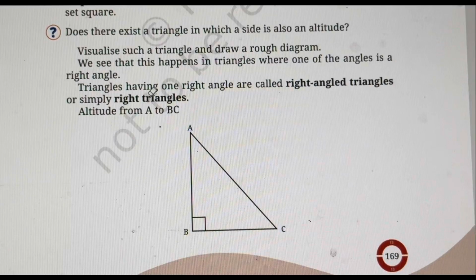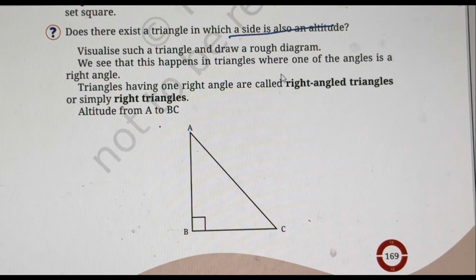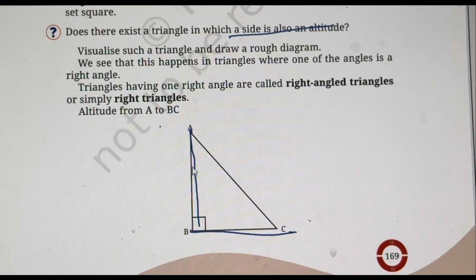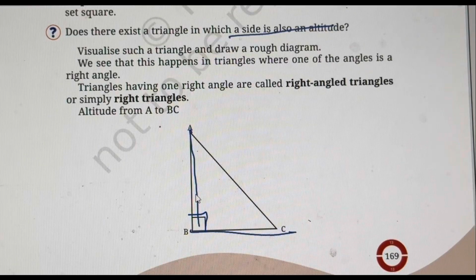Does there exist a triangle in which a side is also an altitude? You can just see the diagram. In a right angle triangle, these two sides AB and BC are the sides of the triangle. They are also the altitudes because they form a 90-degree angle.